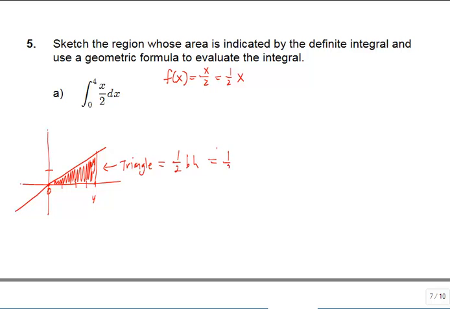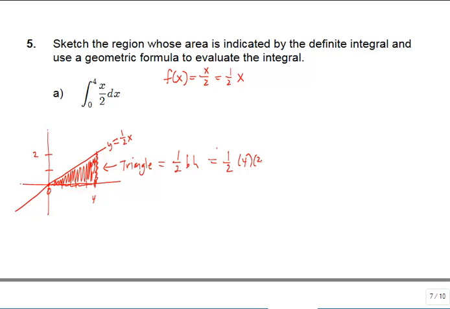So what's the base? The base would be this width going across here, which is just 4. And what's the height? Well, that isn't quite so obvious, but remember, this line is 1/2 x. So if we're looking at this when x is 4, 1/2 of 4 means this is at a height of 2.